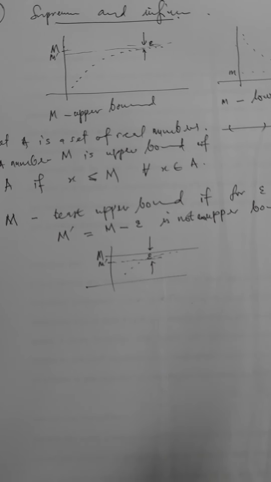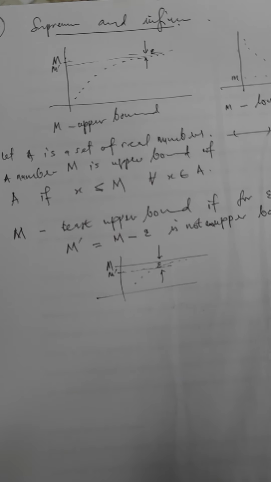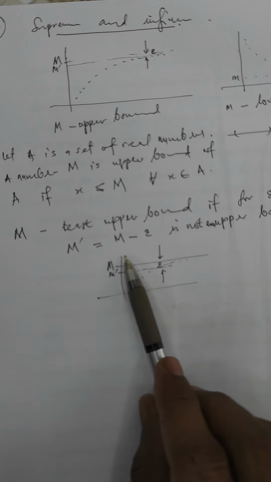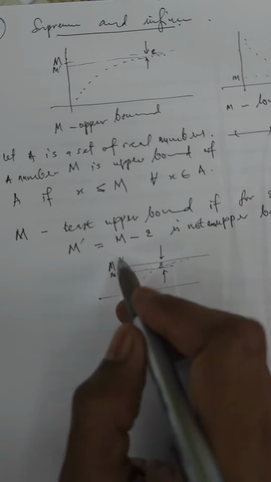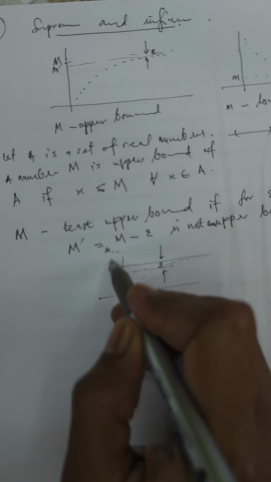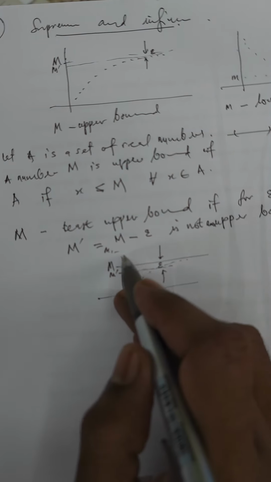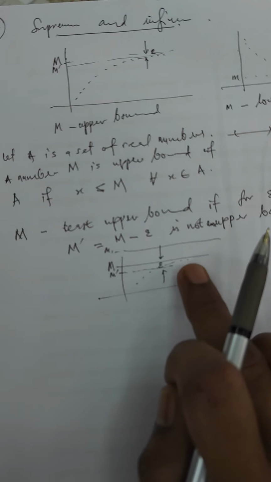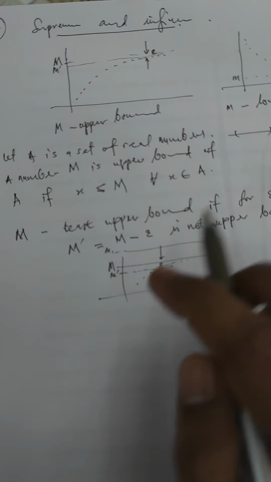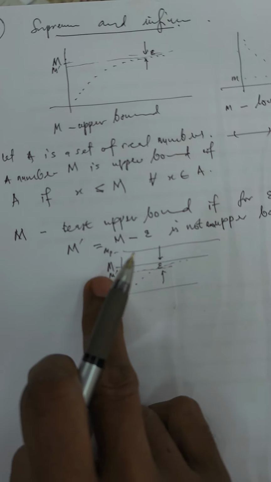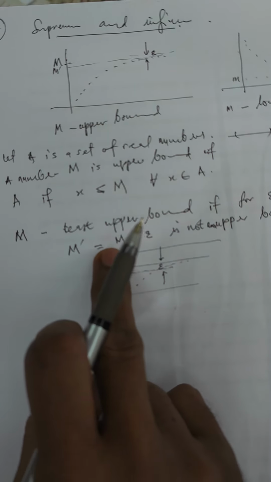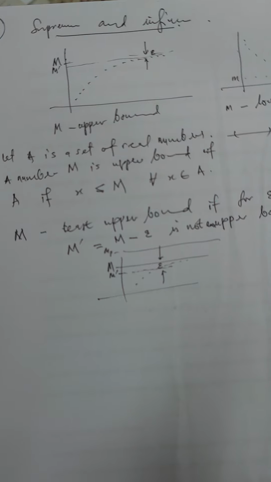Hope you can understand those things. Now let me try to make it as simple as possible. There are many upper bounds for this sequence. You can consider here, let's say m1. This is also an upper bound because this sequence will not exceed this. But definitely, if you compare m1 and m, of course m1 is much bigger than m.